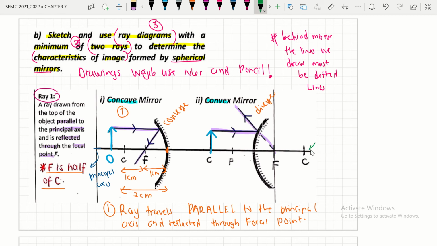This is our principal axis. And the ray will travel parallel to the principal axis and reflected through the focal point. So dia akan reflected through the focal point. And remember, for concave mirror dia akan converge, manakala for convex mirror dia akan diverge. That is the first ray we learn.